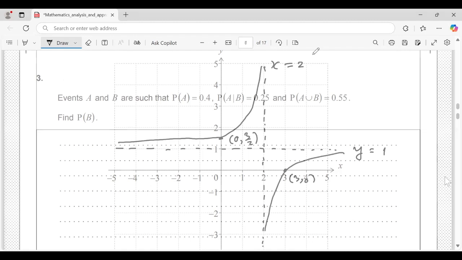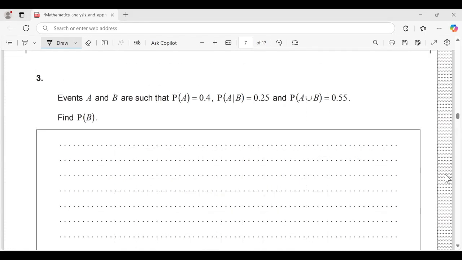Number 3. Events A and B are such that the probability of A equals 0.4, the conditional probability of A given B is 0.25, and the probability of A union B is 0.55.